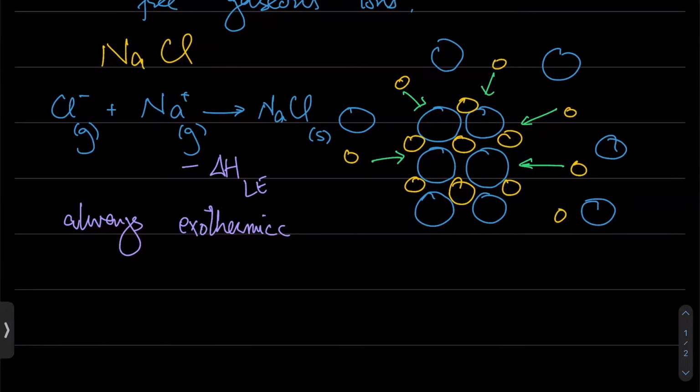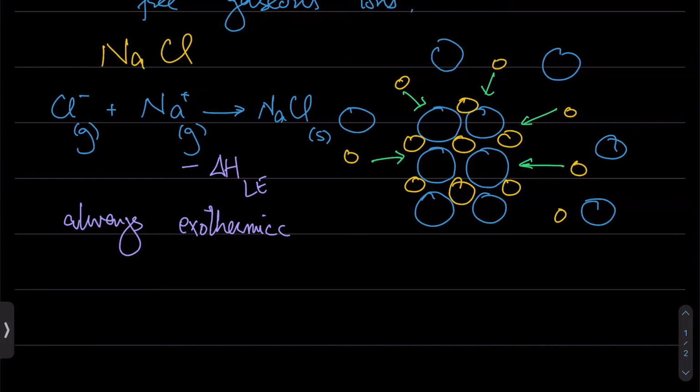So obviously, if the positive ions have a greater charge and the negative ions have a greater charge, they will attract each other more. And more than that, it's also about the distance between them. If the cation and anion are closer together, they're going to have a greater force of attraction. And if they're further away, they're going to have a weaker force of attraction.